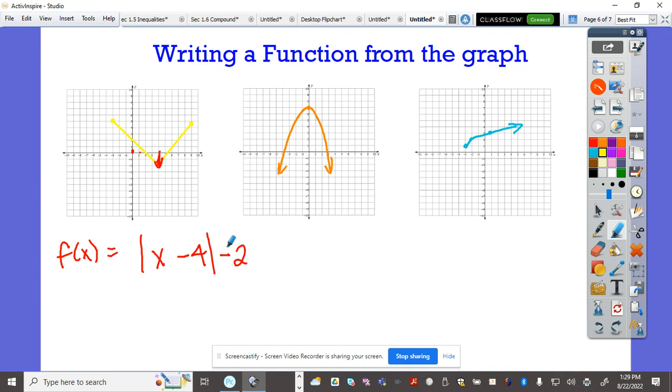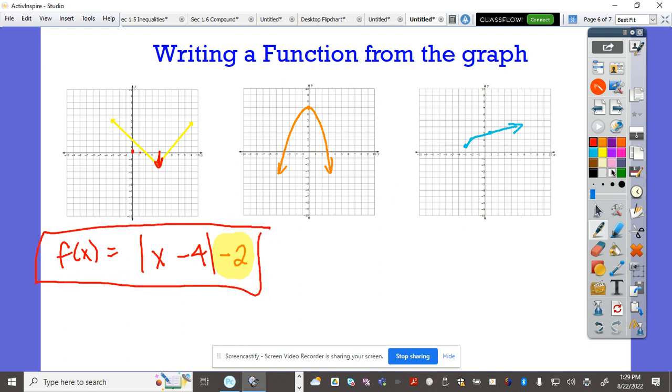If you notice, the number outside here is as is. If it's a minus, you go down. If it's positive, it goes up. And that's the graph of that one. For the parabola here, it's a function f of x. It's a parabola, so it's going to be x squared. But this one goes up by 1, 2, 3, 4, 5, 6, 7, so plus 7.